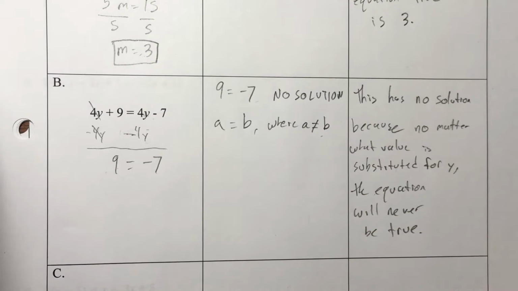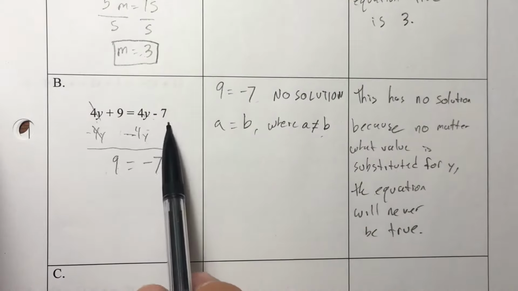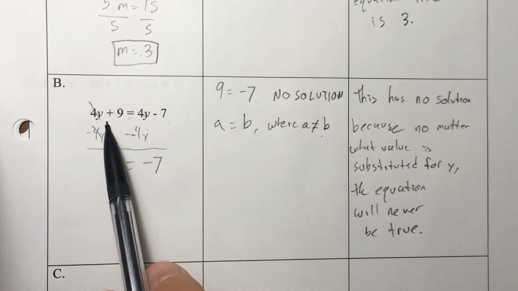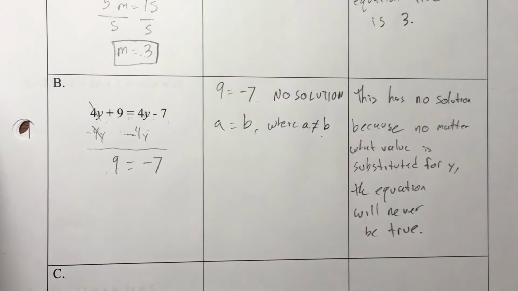When I say the equation will never be true, I mean that this side will never be equal to this side. That's what this equal sign means. It means this is the same as this.